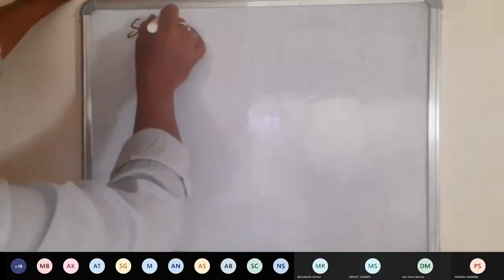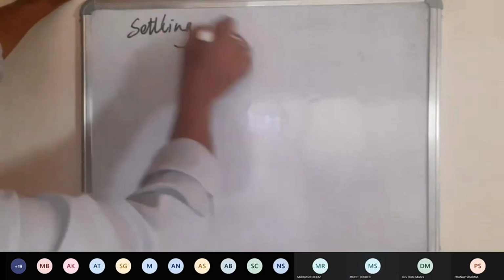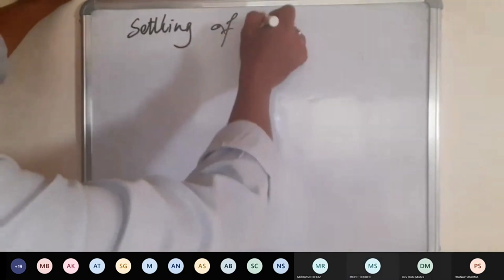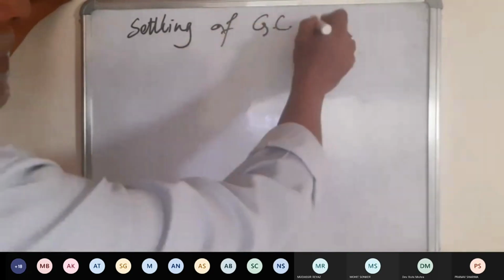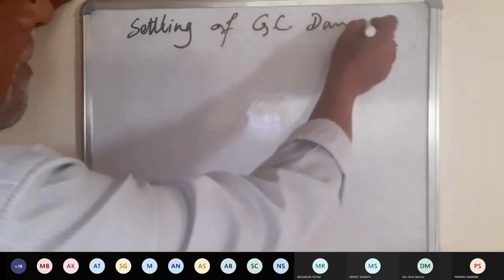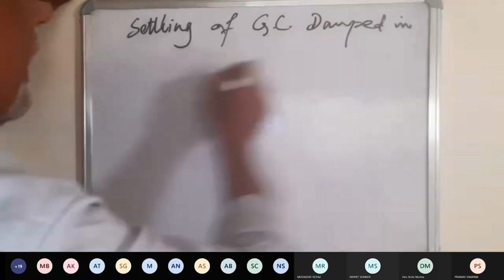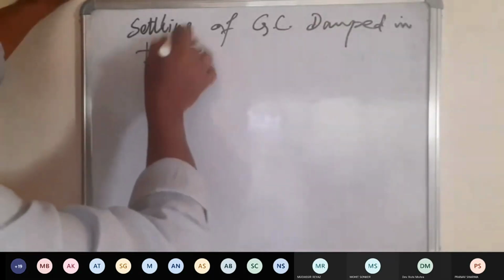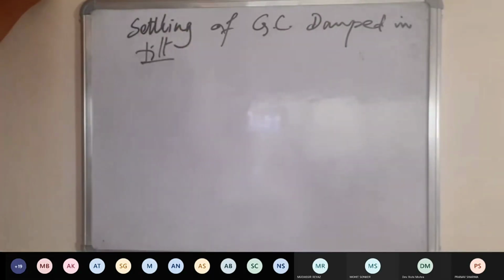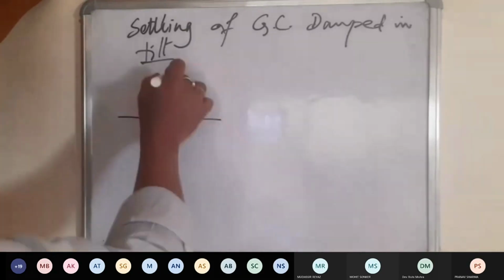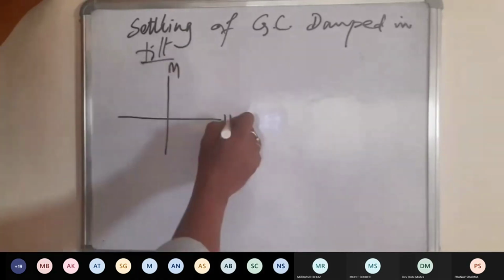Yes, sir. Okay. So settling of gyro compass which is damped in tilt. This is the meridian and this is the horizon.